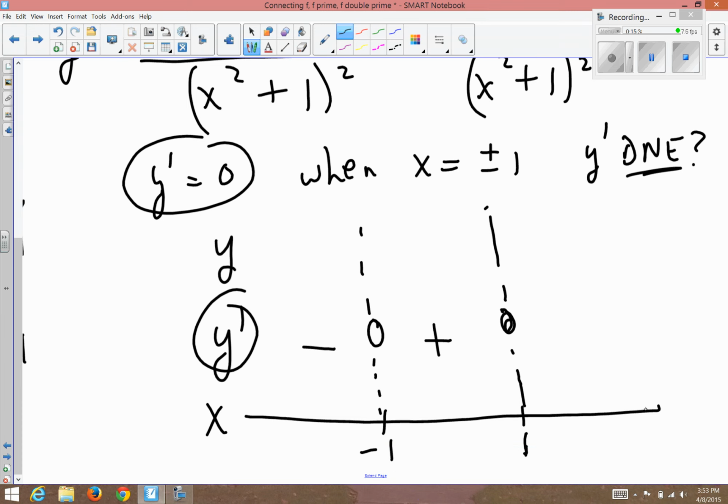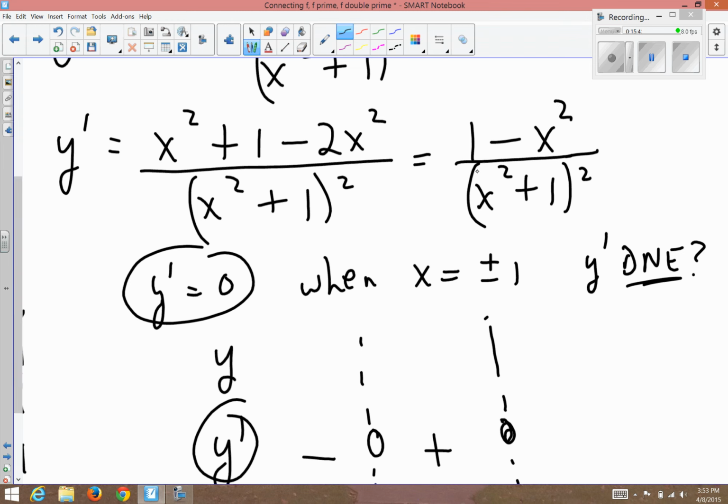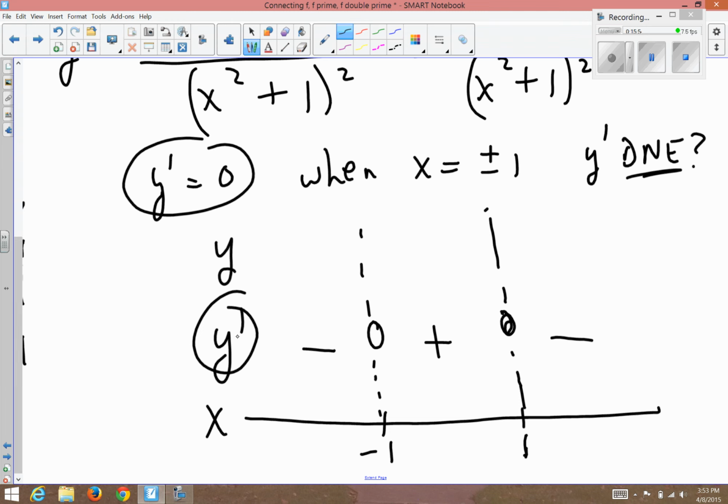And then plug a number over here, like 2. Plug in 2 into the derivative. 1 minus 4 is a negative number. This denominator is always positive, by the way. If you square anything, it comes up positive. y prime negative means y is decreasing. y prime positive, y is increasing. y prime negative, y is decreasing.